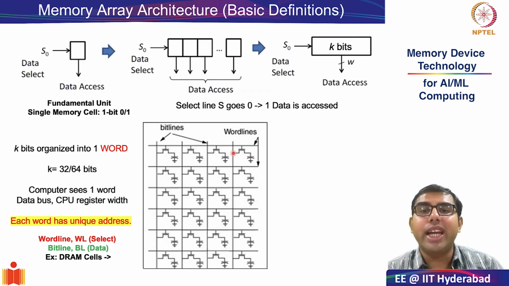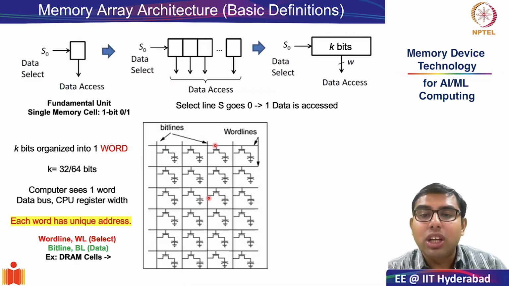And what is this bit line? The bit lines are these vertical lines which are running through the array, which are connected to individual bits of a particular word. So as you can see, you have 4 different bit lines. Each is connected to individual cells.